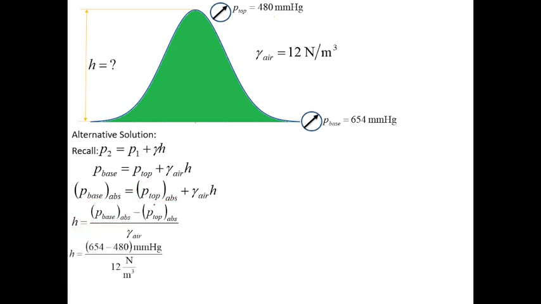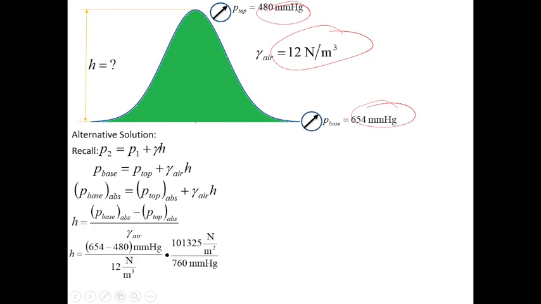Now, we know that this is 654 millimeters of mercury. This is for 480. Then we have the unit weight of air at 12 newtons per cubic meter. So we can multiply by this conversion.